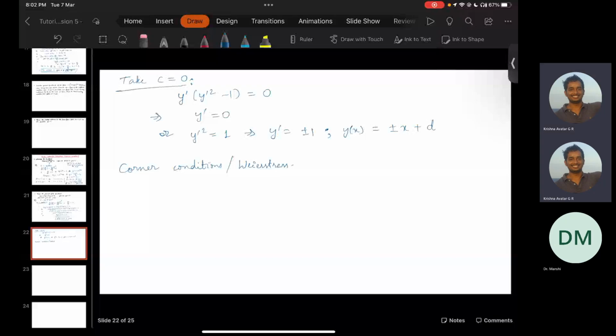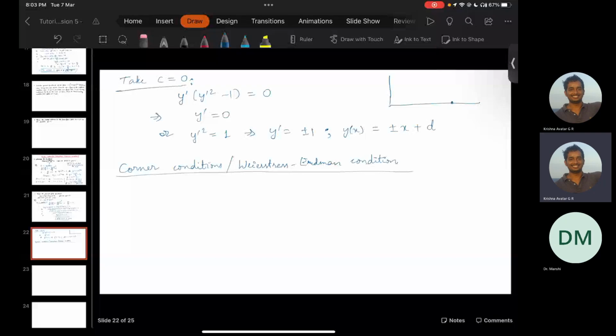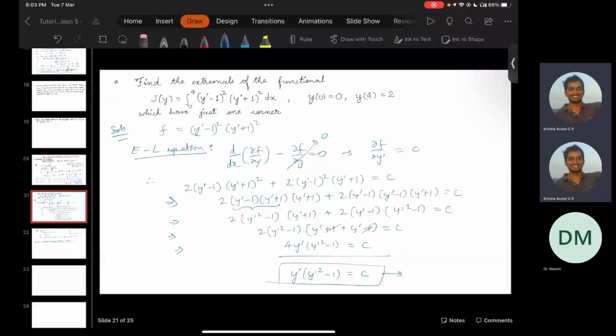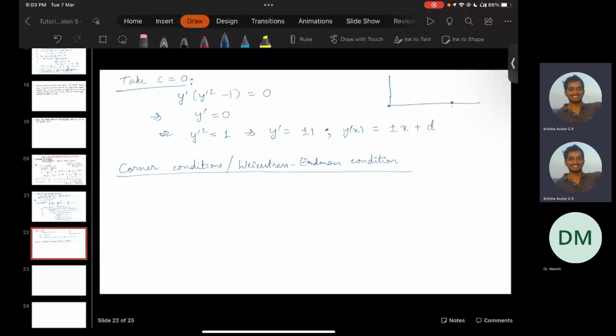So that states that, let me make a schematic of the problem. Our problem is essentially that our endpoints are 0 and 4. And the conditions are that y at 0 is equal to 0 and y at x equal to 4 is equal to 2. So this is 0 and this is x equal to 4, and this is the x axis.